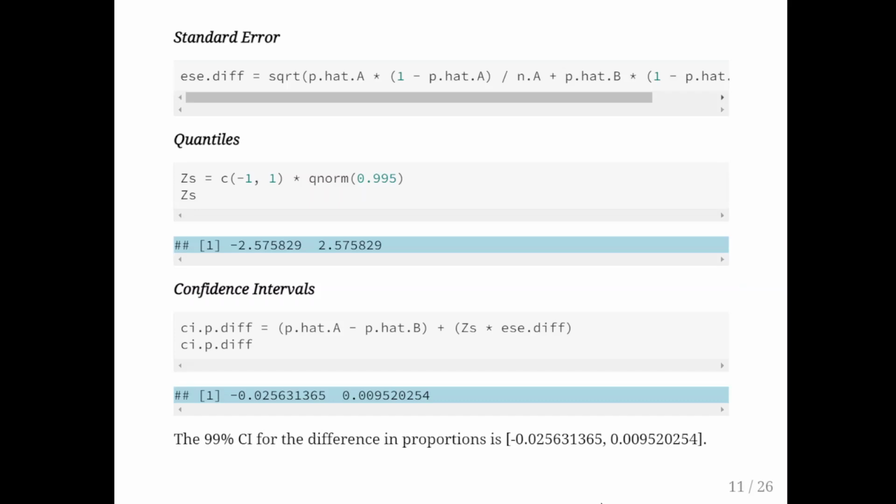We save that as ci.p.diff, which is our confidence interval. So there we have the numbers, minus 0.0256 to 0.0095, just ignoring a couple of the decimal places. So the 99% confidence interval is minus 0.0256 to 0.009.